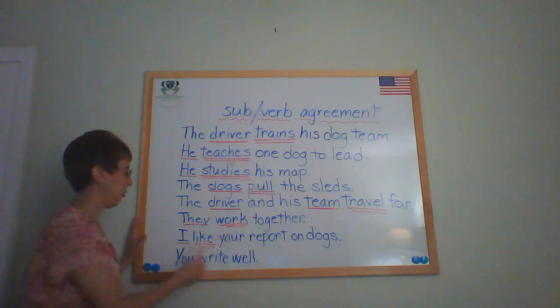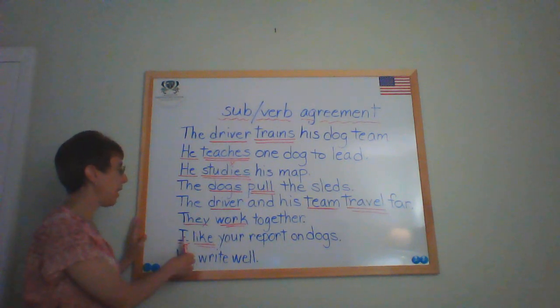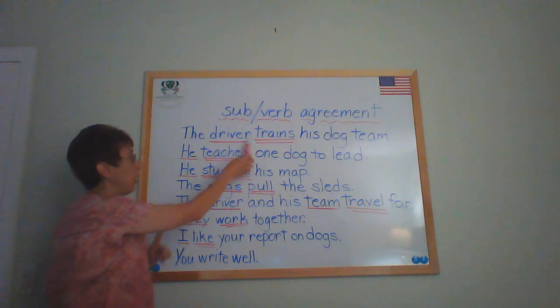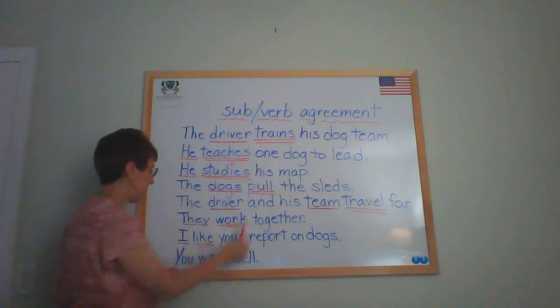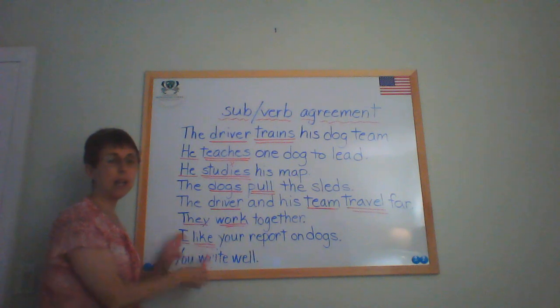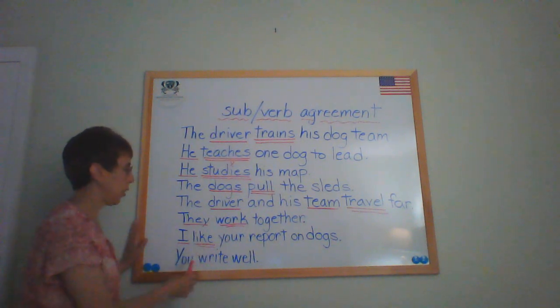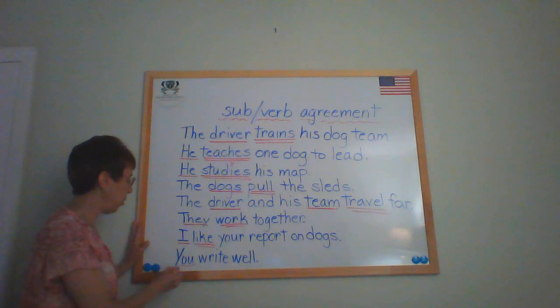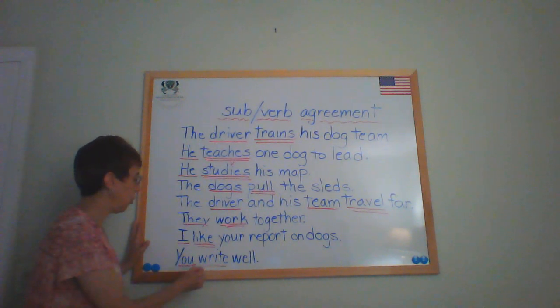I like your report on dogs. But we don't say I likes. Over here we say the driver, naming one, the driver trains. But here we don't say I likes with I, we just say like. I like your report on dogs. And then same thing here, we have you what? You write.